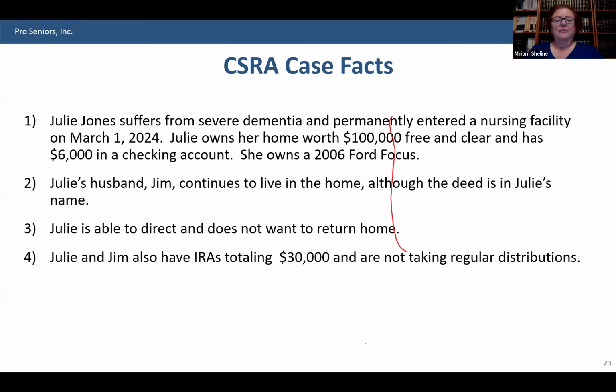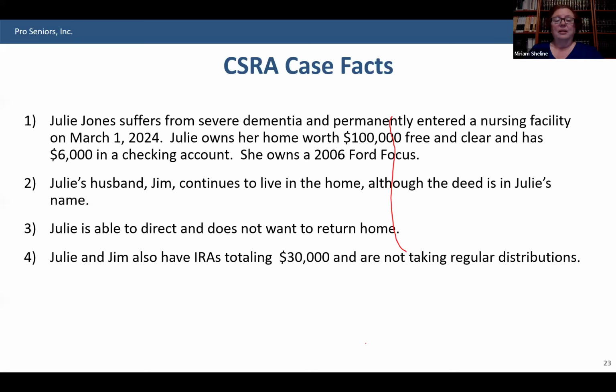30,828. So how did I come up with that number? Recall the first thing we have to do in our example is take off the excluded resources before you calculate the CSRA. The CSRA is for countable resources after we deduct the exclusions. So therefore, the home in which Jim lives is an excluded resource. The car is also an excluded resource. That leaves $36,000 in countable resources.